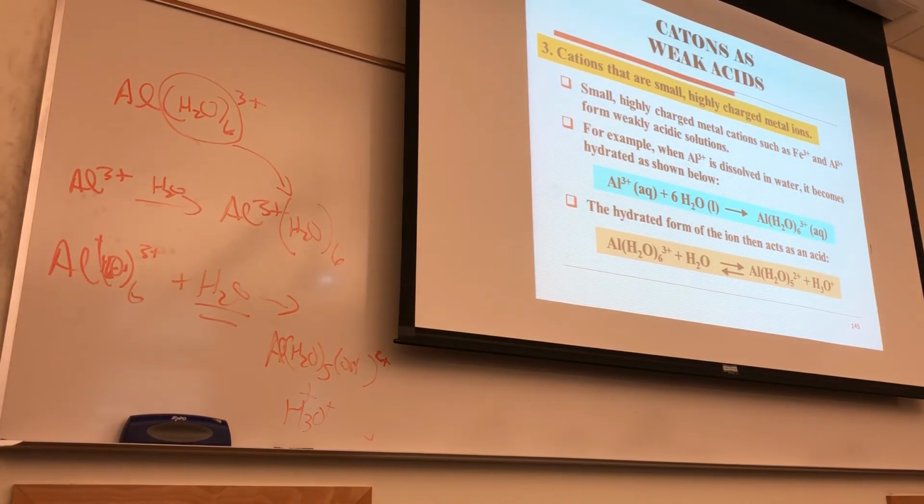So the key here, though, and obviously we will get more into coordinate covalent bonding patterns and stuff like that later in a different chapter. But if you had a question like this, what you're really looking at is that a small, highly charged metal cation can potentially form a weak acid solution. That's all.